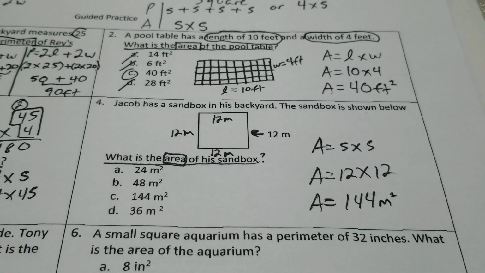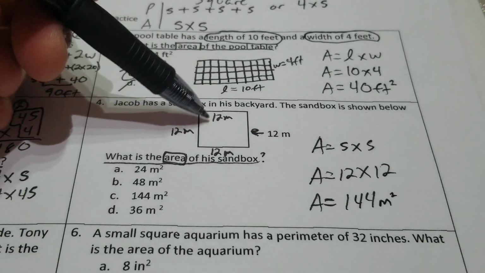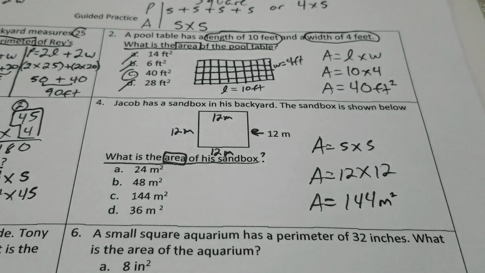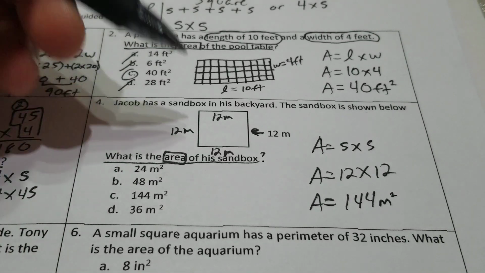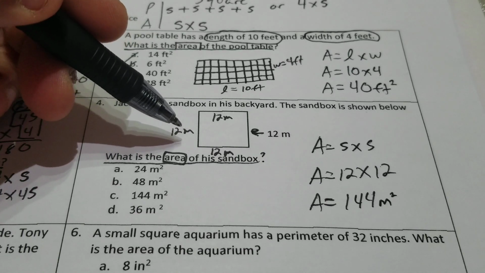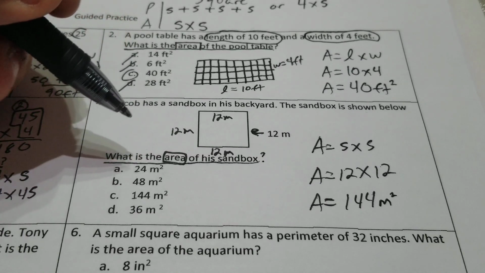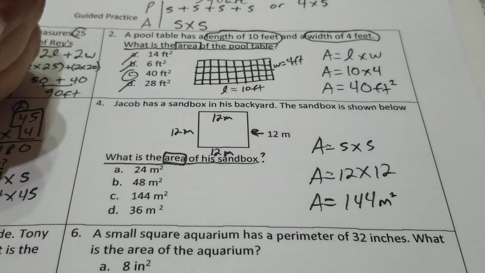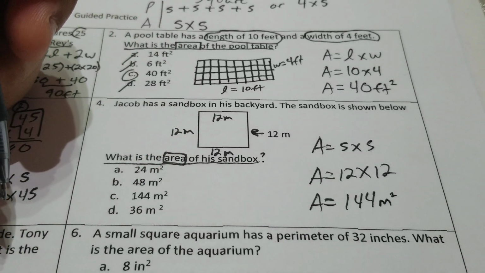Now, just like in the previous problem up here, if I were to make 12 columns and 12 rows, I am going to get 144 squares inside the overall square. And since our unit of measure is meters, we call those square meters. So the sandbox covers 144 square meters of space.